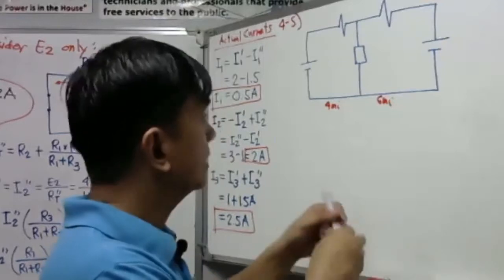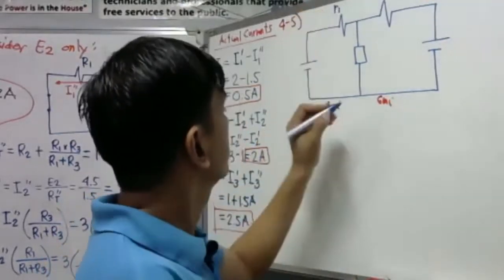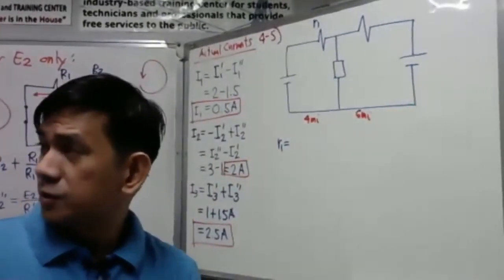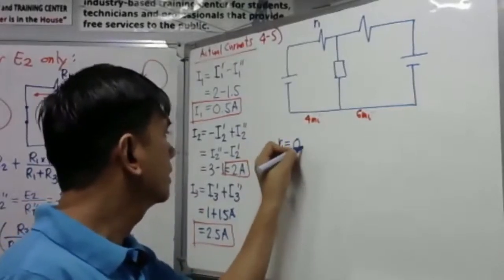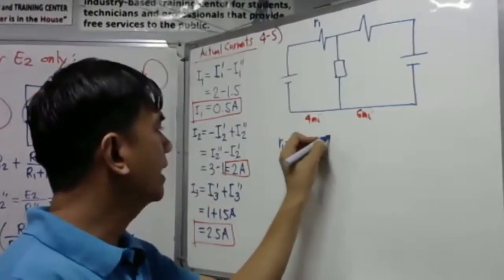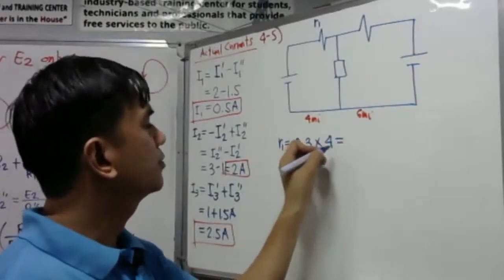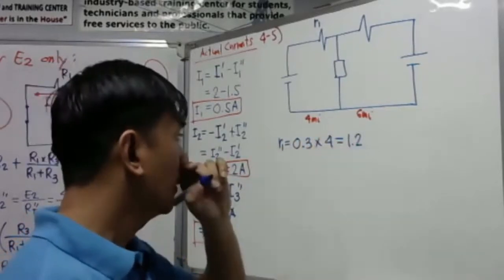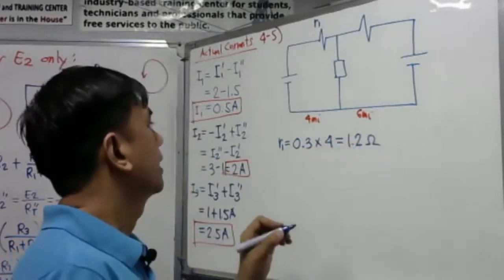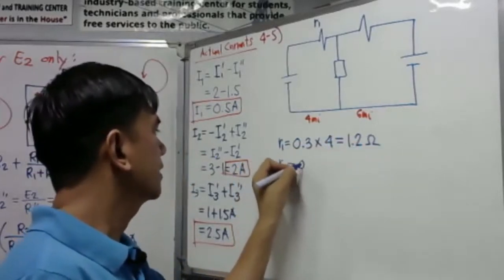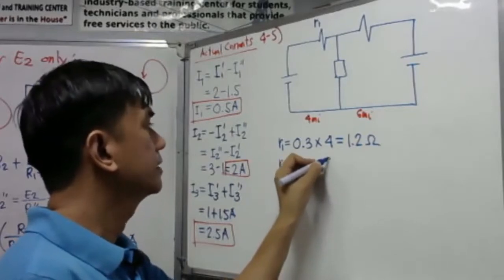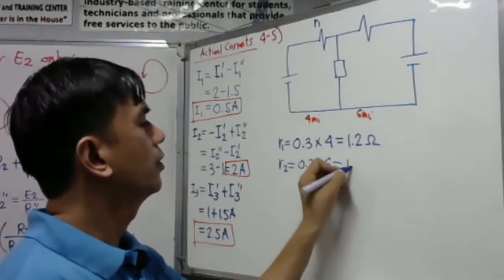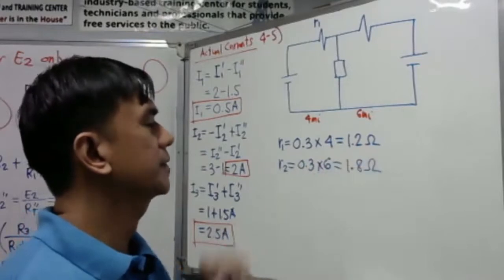So, let us represent this as our R1. What is our R1 equal to? We have 0.3 times the 4 miles, so that is 1.2 ohms. And then we have our R sub 2, 0.3 times 6 miles, so we have here 1.8 ohms.